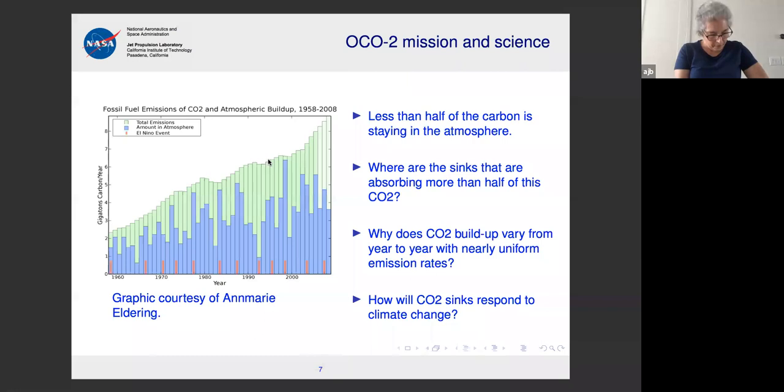Now I'll tell you a little bit about OCO2. OCO2 was launched in 2014, and it's been up for 6 years now, collecting a wonderful record of total column carbon dioxide concentrations in the atmosphere at very fine spatial resolution, about 1 kilometer. The science question that's at issue here is that we speak of carbon sources and carbon sinks. Carbon is exchanged between the surface and the atmosphere.